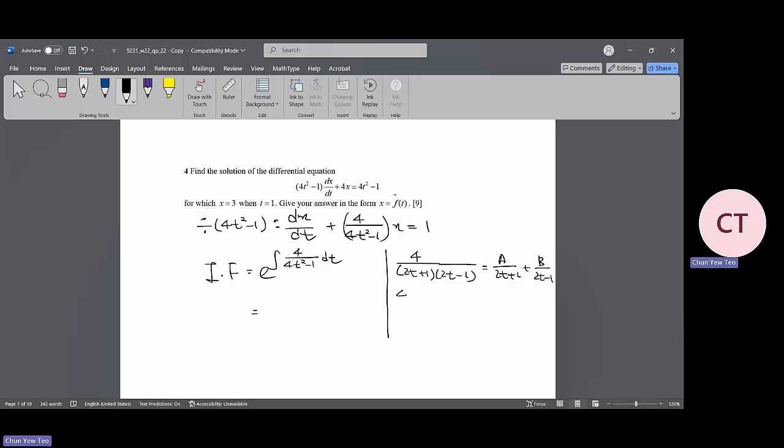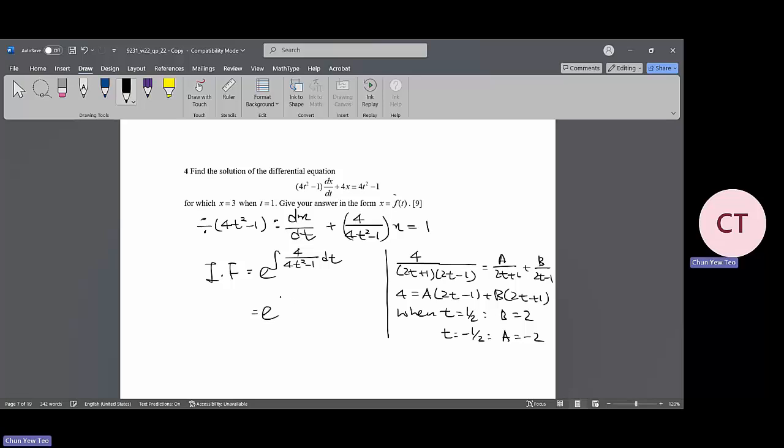So you will get that when t is a half, you get b as 2. When t is a negative half, you will get a as negative 2.